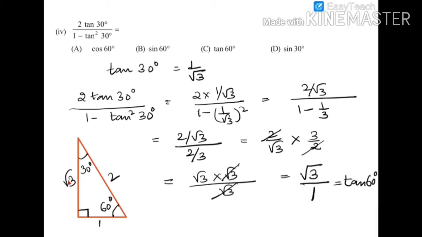So if I take the ratio root 3 upon 1 with respect to 30 degrees, then that ratio will be adjacent upon opposite, which is cot 30. So root 3 upon 1 can be written as cot 30 degrees as well. But cot 30 is not given in the options. So our answer is option C.